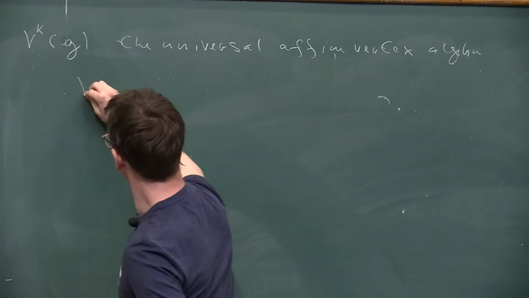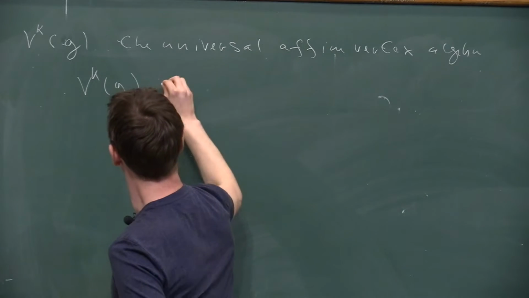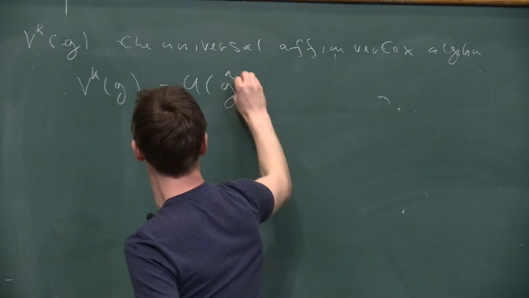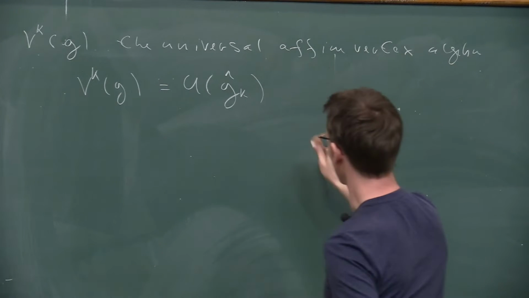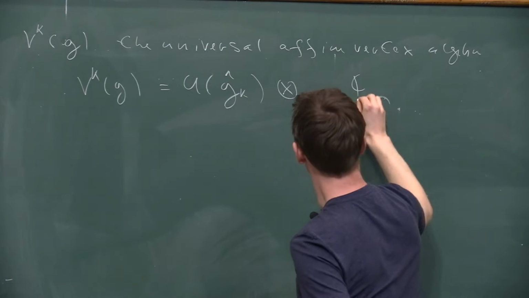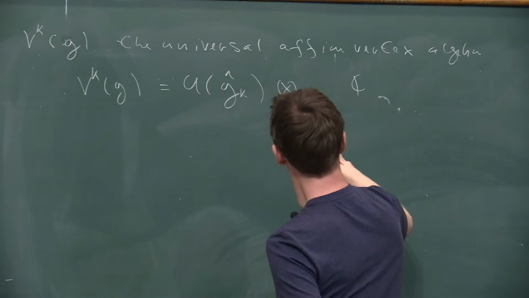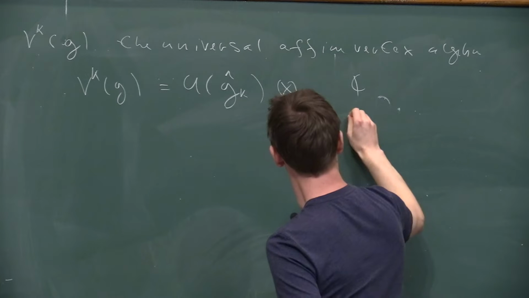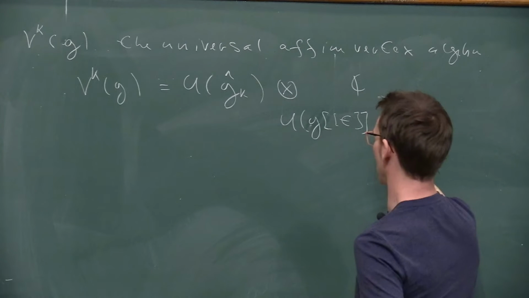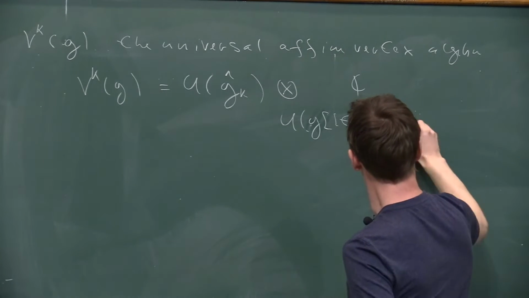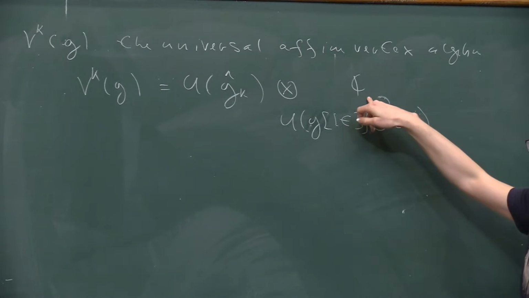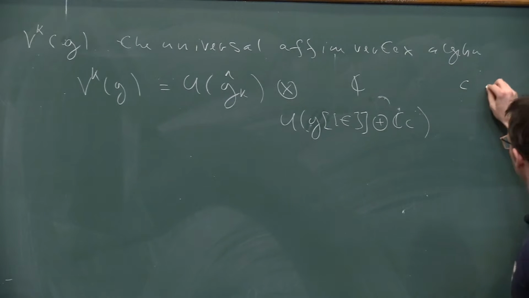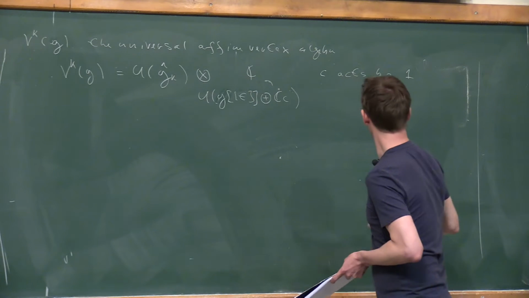As a vector space, it's just the generalized Verma module induced from a one-dimensional representation of the loop algebra or current algebra plus this central element, where the central element C acts by 1.